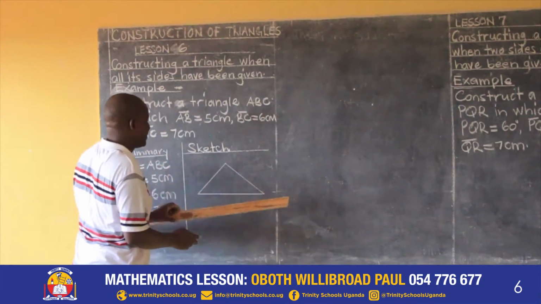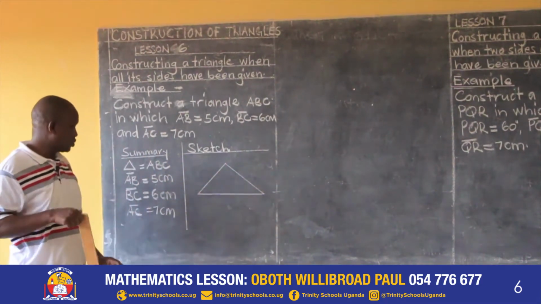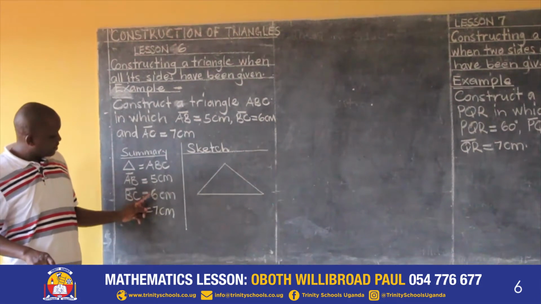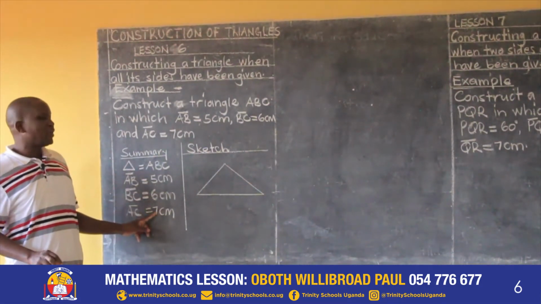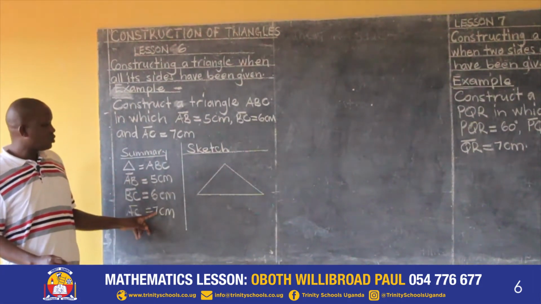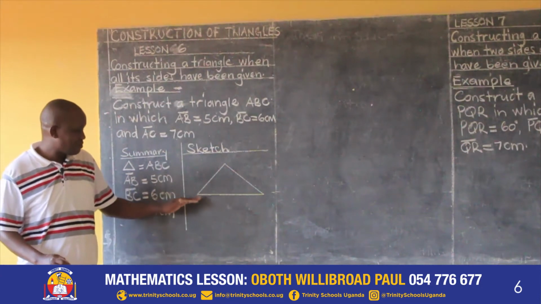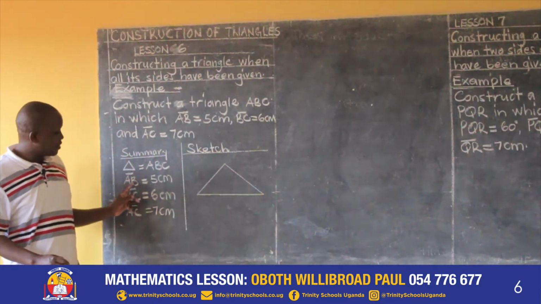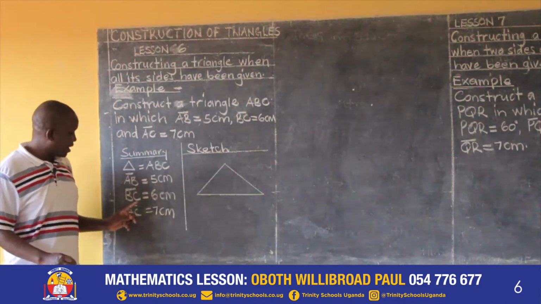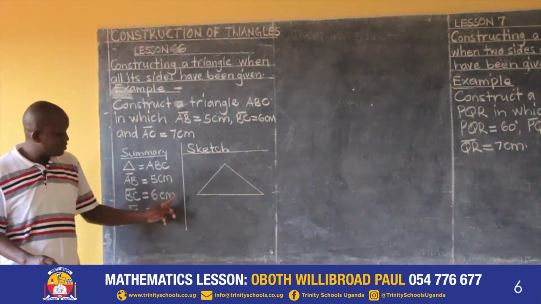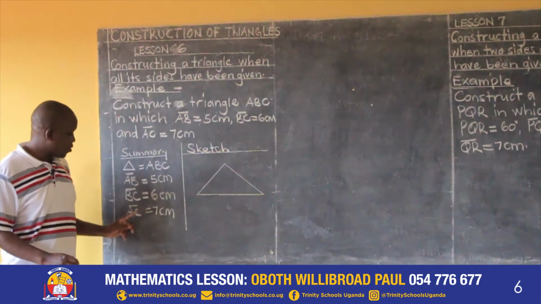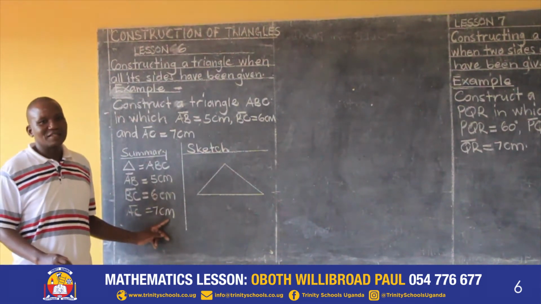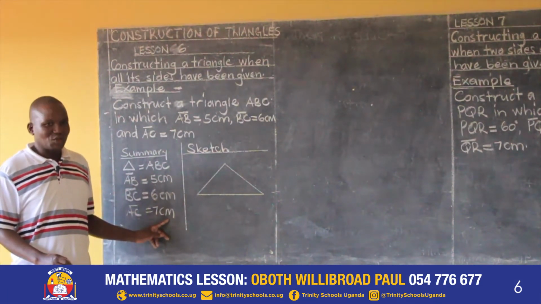Now, point to note, if all the sides have been given, you are at liberty to start with any side being your base. You can choose to start with AB to be your base, or you can say, let me start with BC to be my base, or you can start with the side AC. You make your choice.